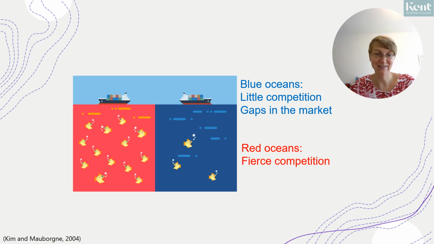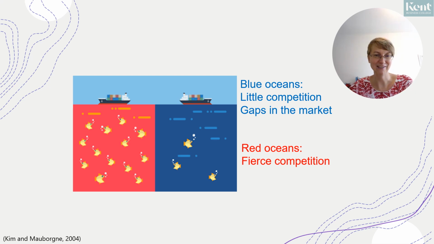As a business, ideally, you want to find areas where there's a blue ocean. That means where there's little competition and there are gaps in the market. So the water is clean. The ocean is blue and pure, and there are a lot of opportunities to develop.